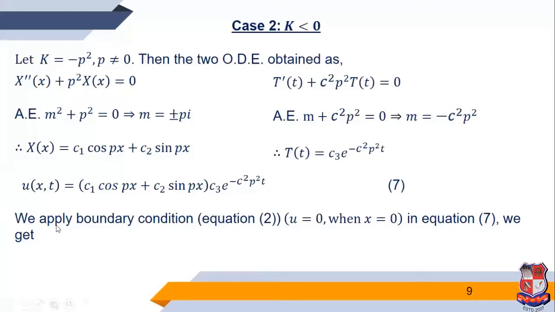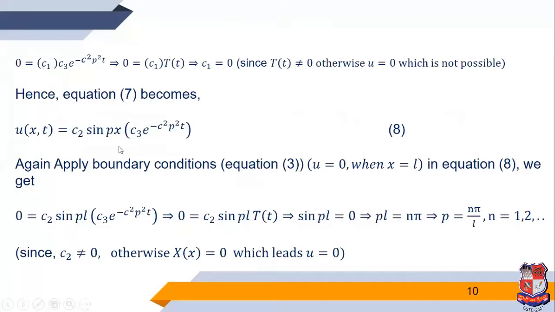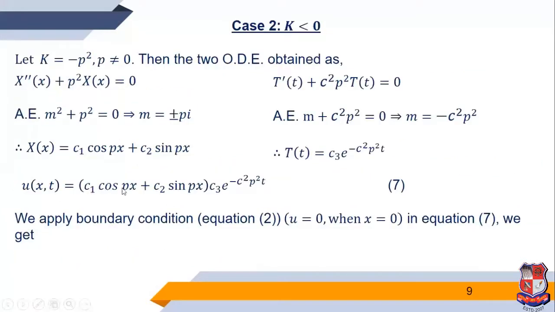Now a similar procedure as in the case k greater than 0. We apply the boundary condition, equation 2. When x is 0, the temperature is 0. In equation 7, we apply u is 0 when x is 0. So 0 is equal to c1 cos 0, which is 1, plus c2 sin 0, which is 0, so this term is 0.